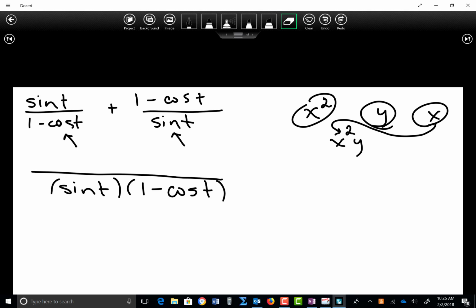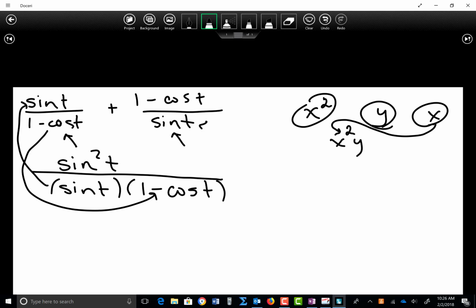So in the problem that we're looking at, we have a common denominator. This one is included down here, so I'm left with the sine, and sine times sine is sine squared.